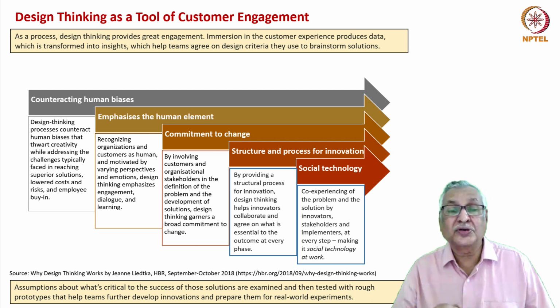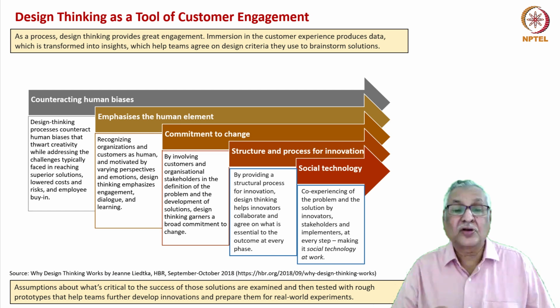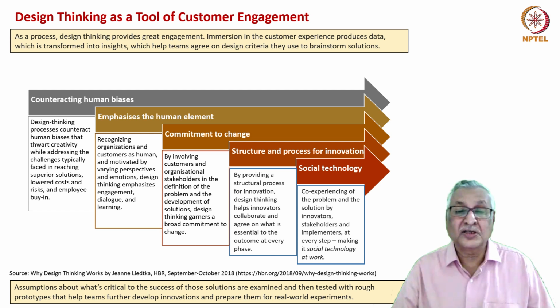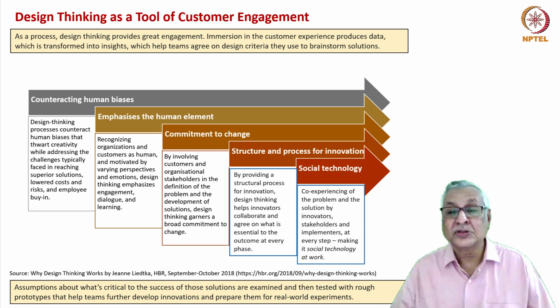Third, there is a commitment to change. We involve customers in the design thinking process. Therefore, they become stakeholders in the organizational activities. They become stakeholders in the definition of the problem and the development of the solution. So, broader commitment is garnered to the change. The fourth dimension is that it provides a structural process for innovation. It is an innovation in the marketplace.